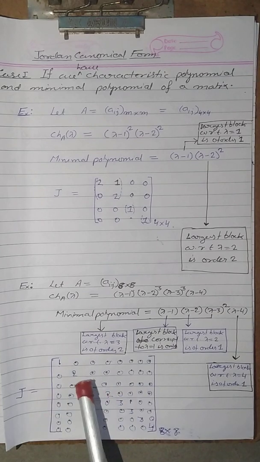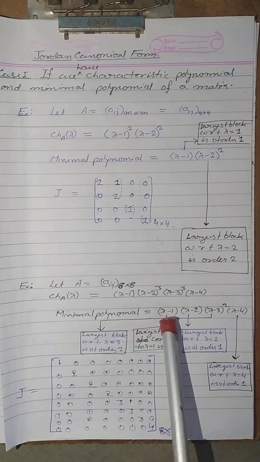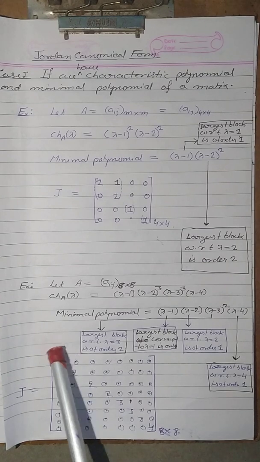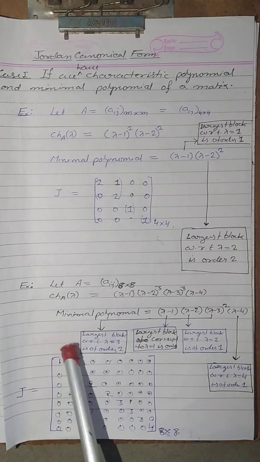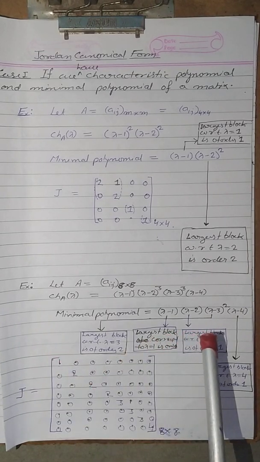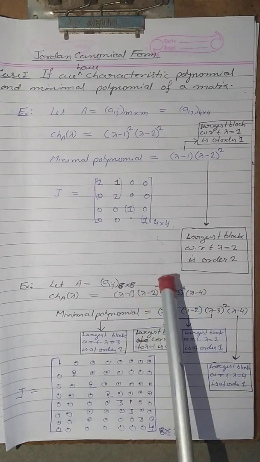In this case, the largest block for lambda equal to 1 is of order 1, so this is the first block of order 1 in the Jordan canonical form for eigenvalue 1. Similarly, the largest block for lambda equal to 2 is of order 1.